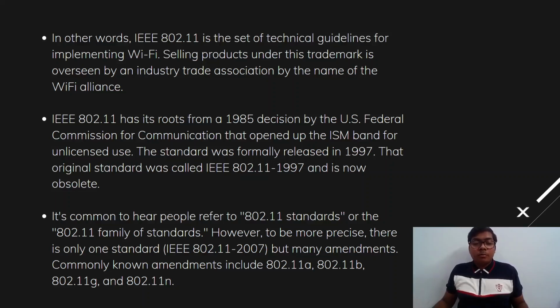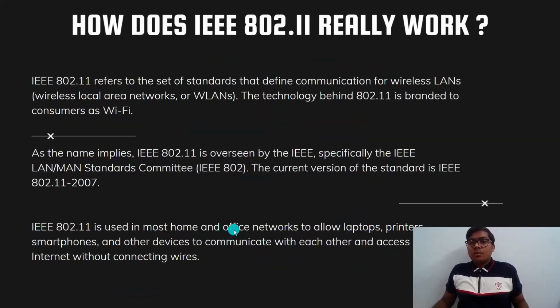However, to be more precise, there is only one standard, 802.11-2007, but many amendments. Common amendments include 802.11a, 802.11b, 802.11g, and 802.11n.